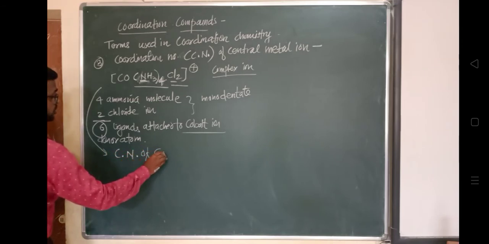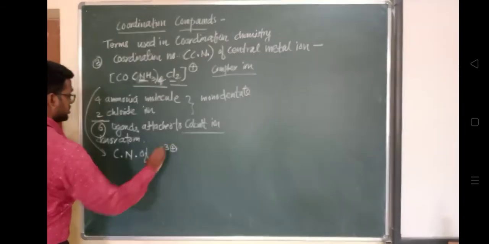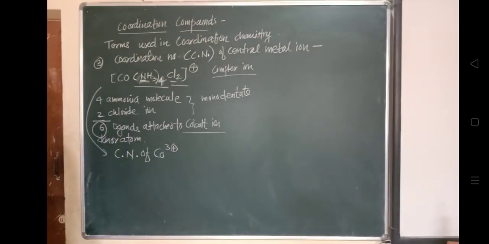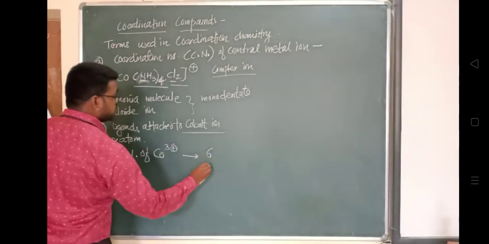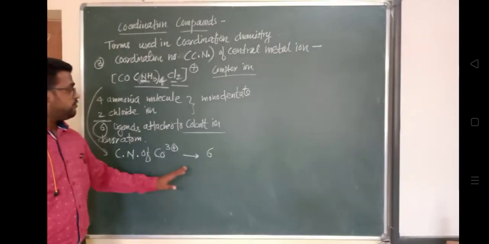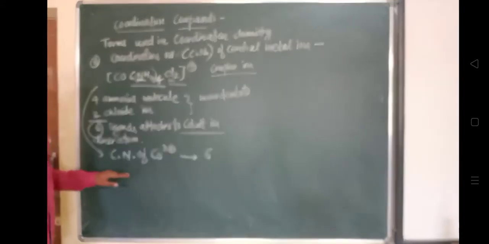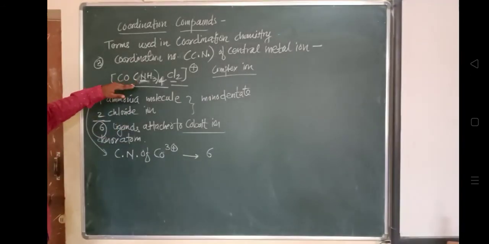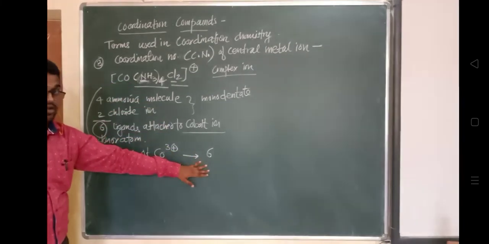So in this way, 4 plus 2, a total of 6 atoms present in this complex are donating their electron pair to the central metal ion. As there are 6 atoms that can donate their electron pair, the coordination number will be 6 for the cobalt central atom.